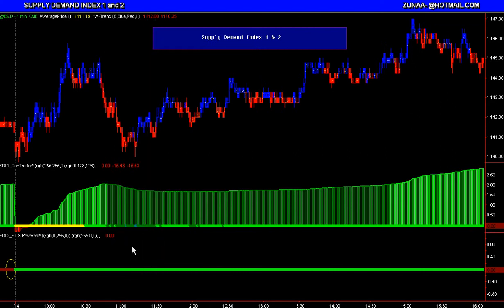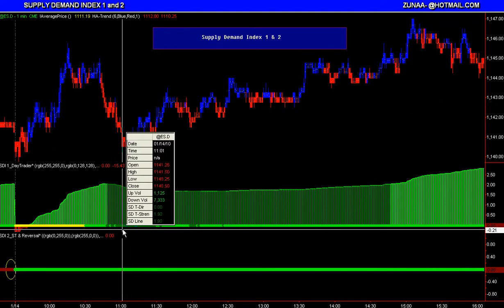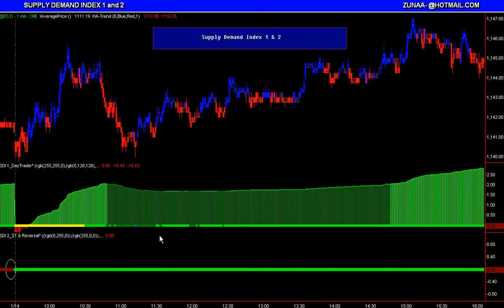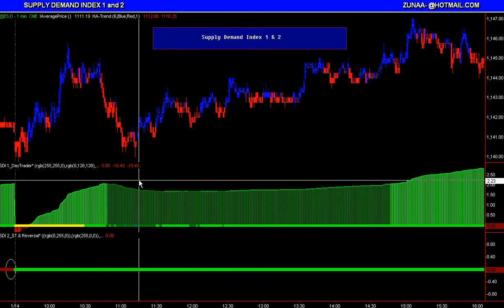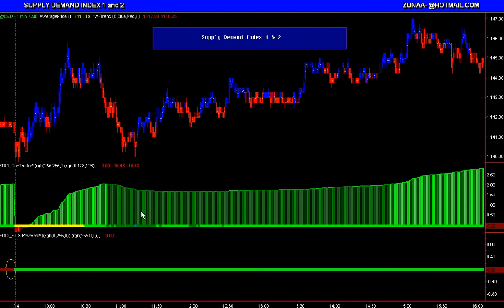If the background was weak and you were getting a dark green color or cyan color like this, and it did it over a span of 10-15 minutes, it went from green to dark green and then cyan, and the background's weak, and then it gets green again, and then dark green and then green again, it's telling you that you're going to have a normal day.